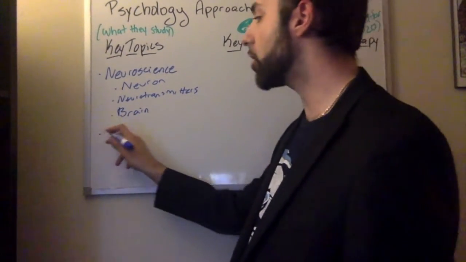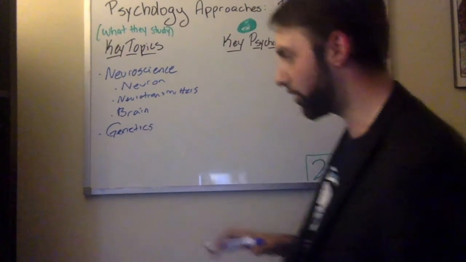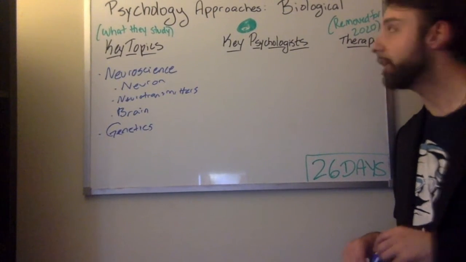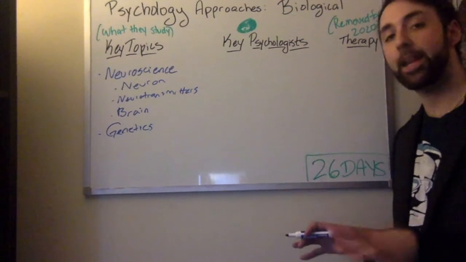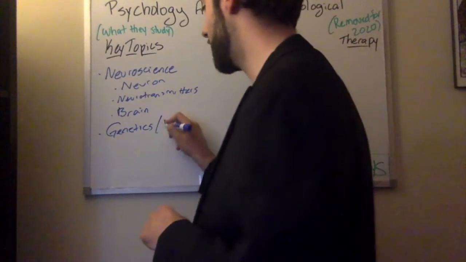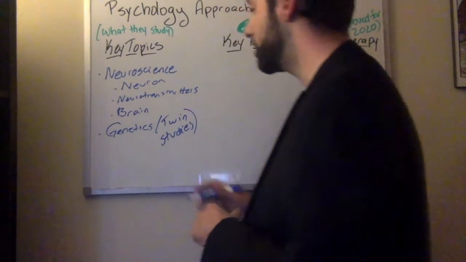Another one that falls under this is genetics. This starts to branch just a little bit into the evolutionary perspective, which we're going to get into in the next installment, but certainly just genetics as a whole, definitely a subject matter that a biological psychologist would look at. One method that a biological psychologist might use are twin studies.